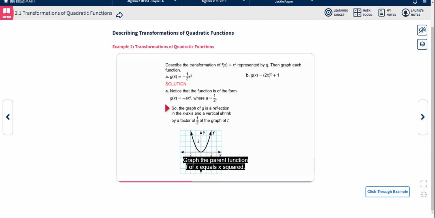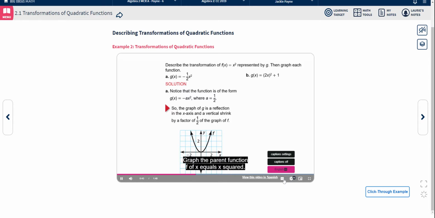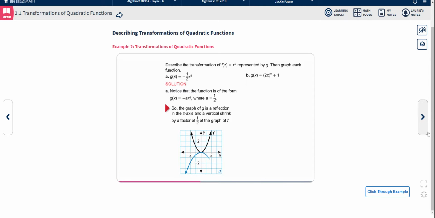Graph the parent function f of x equals x squared. Then use this transformation to graph g of x equals negative 1/2 x squared. B. Notice that the function is of the form g of x equals quantity a x squared plus k, where a equals 2 and k equals 1.